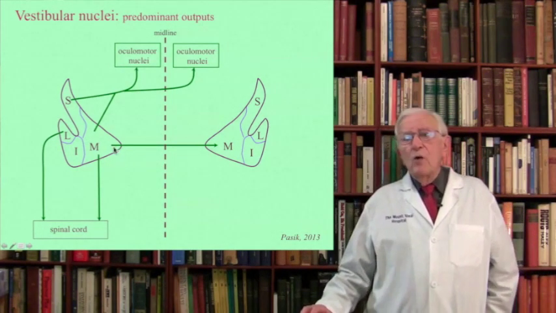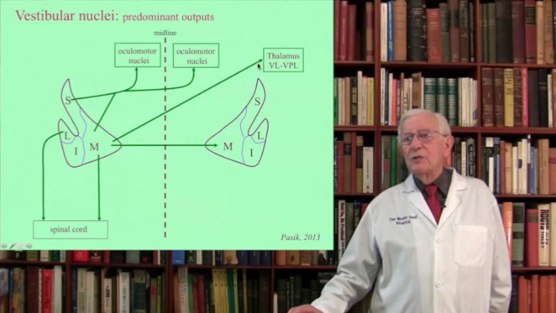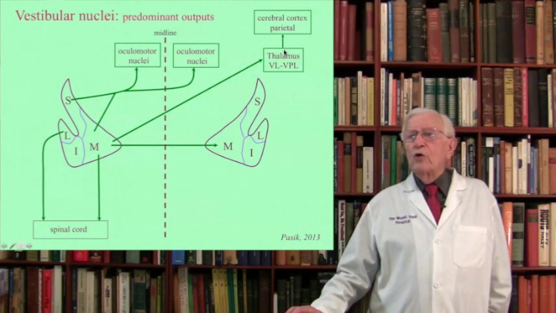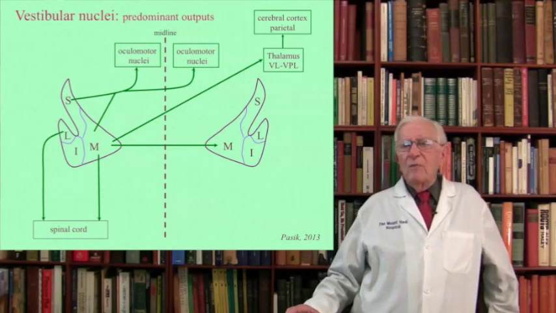both sides. Also, these crossing fibers of the medial vestibular nucleus reach also the thalamus, certain nuclei of the thalamus, which in turn, eventually after processing, will project to the cerebral cortex, in the parietal lobe in the ventral portion.